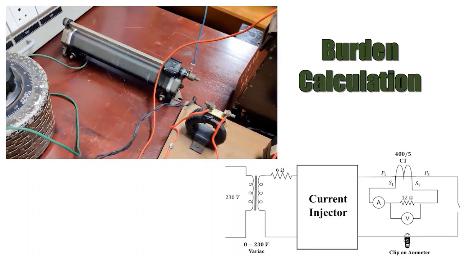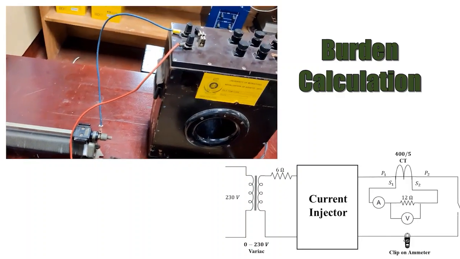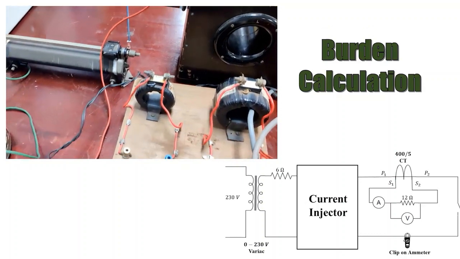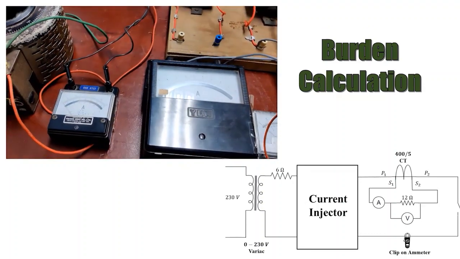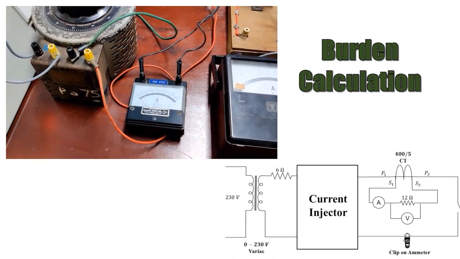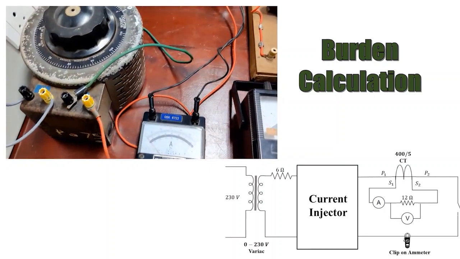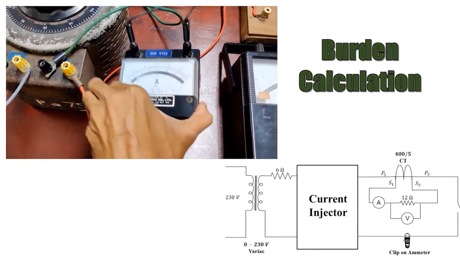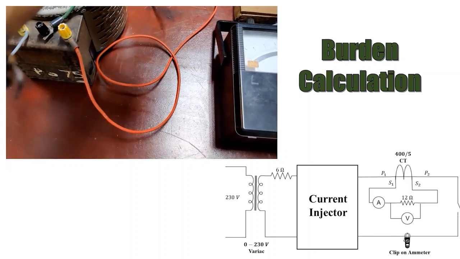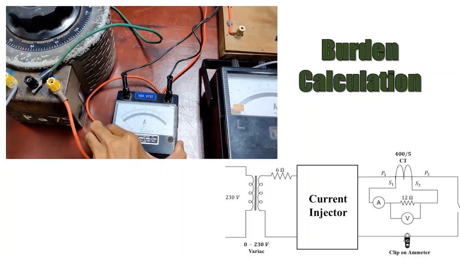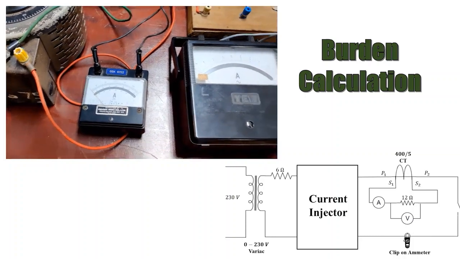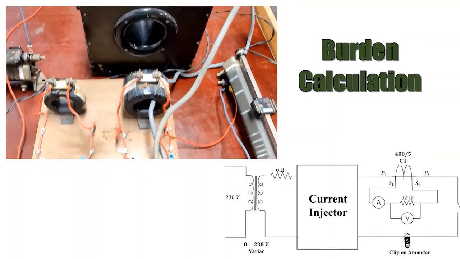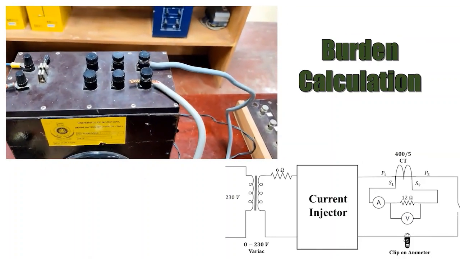Now, we are moving to the burden calculation, since we have the same circuit arrangement as in the previous step. Here you have the clip-on ammeter and the current injector.